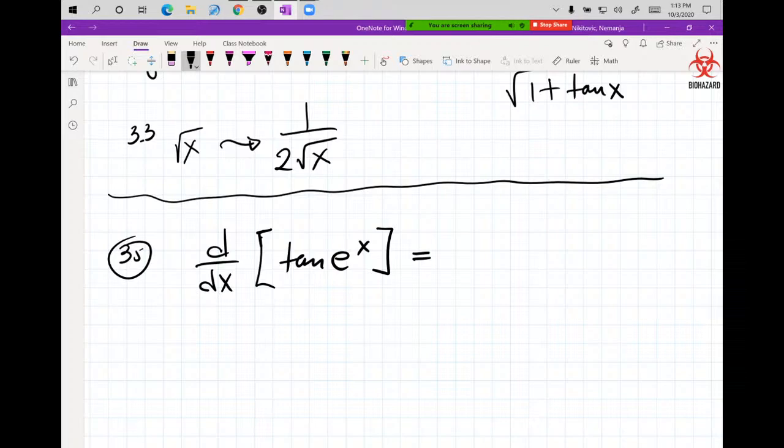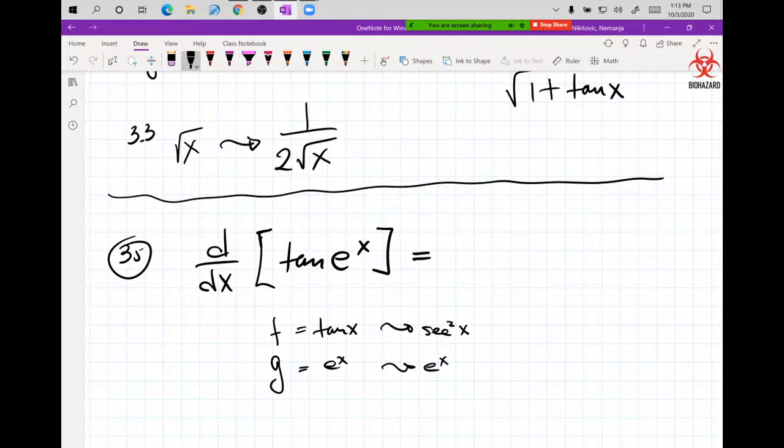Anyway, any other suggestions? I got e to the x secant squared e to the x. Yes. So we have our f to be tangent of x, whose derivative is secant squared x. And we have our g to be e to the x, whose derivative is e to the x.